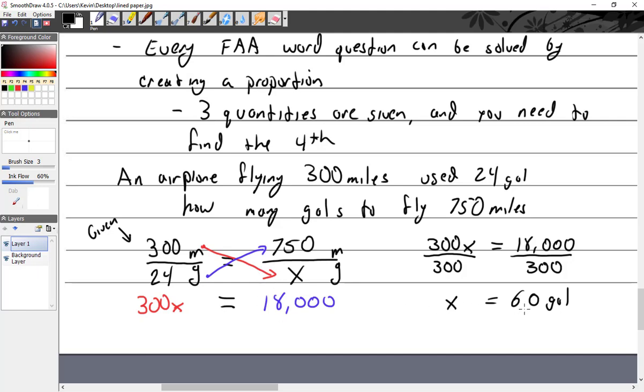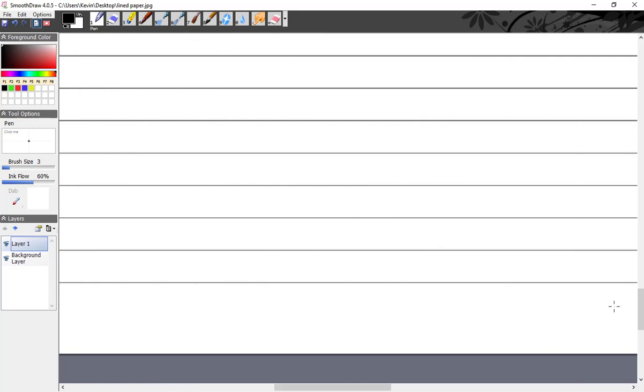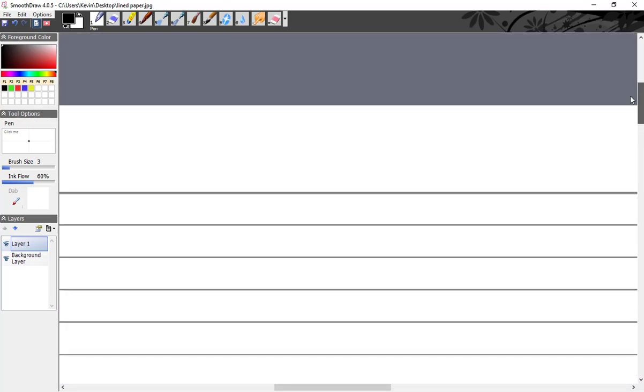If x is 60, what's 300 times 60? It equals 18,000. Does 18,000 equal 18,000? Yes, it's supposed to. Every single FAA problem is like that.